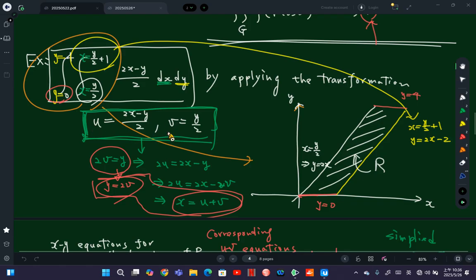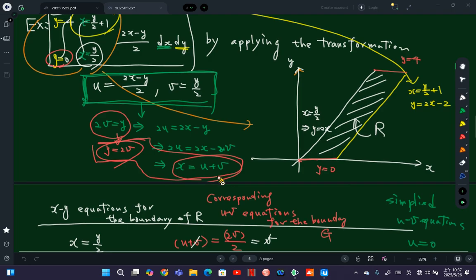But of course, for this case, you can just convert it into x is equal to blah blah blah uv and y is equal to blah blah blah uv. Even though originally the problem just gives you the conversion by u is equal to blah blah blah, v is equal to blah blah, you need to convert it into x is equal to blah blah blah uv and y is equal to blah blah blah uv.